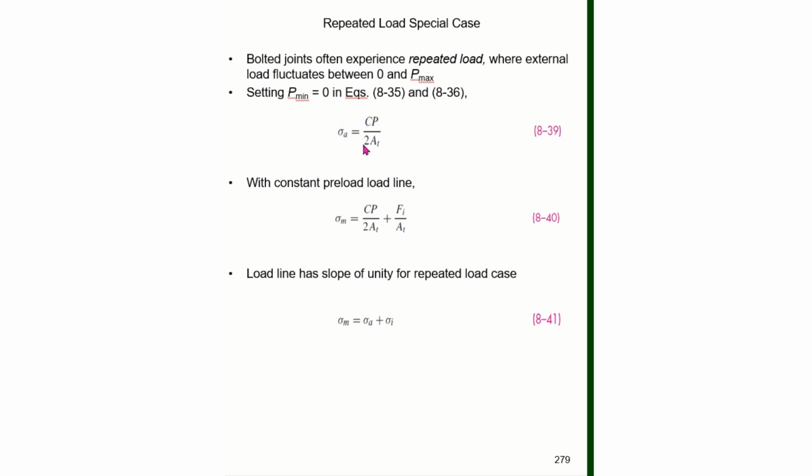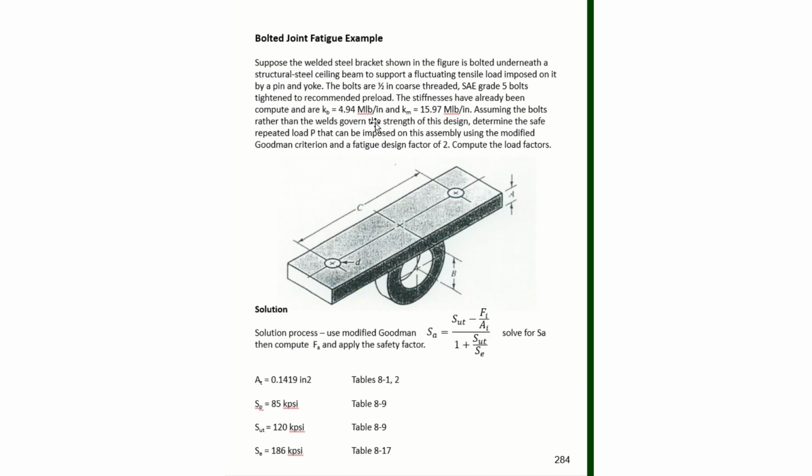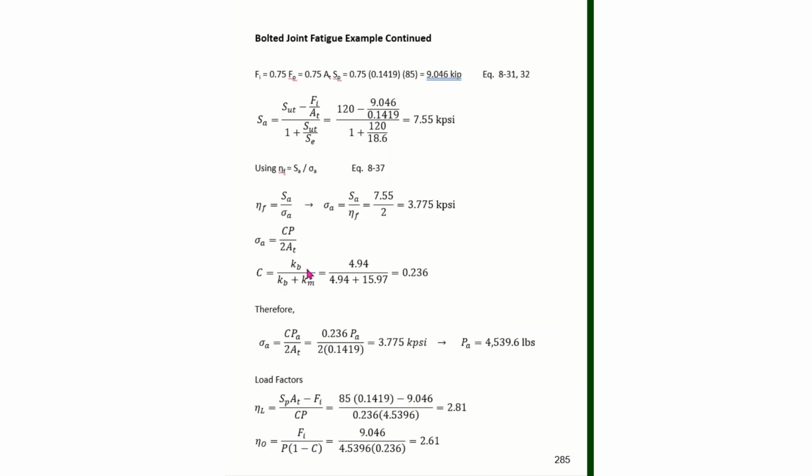Now I can take this expression and solve for the P. Doing that, my K's were given, so I can compute C, and then I use this equation, and I know that this equals 3.775, and I can solve this expression for PA and get 4,539.6 pounds.